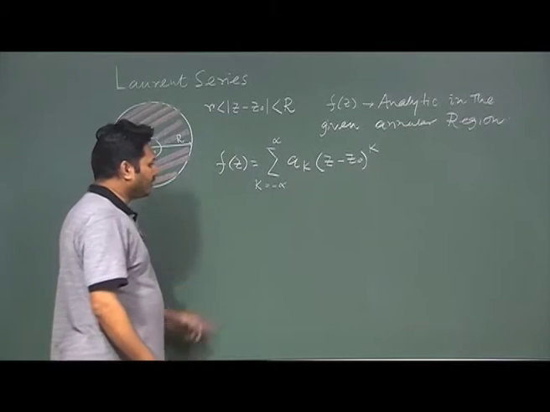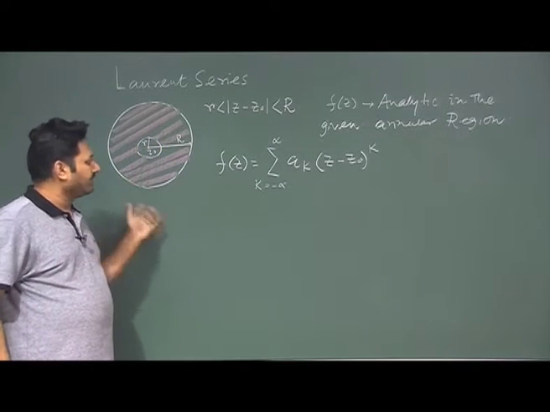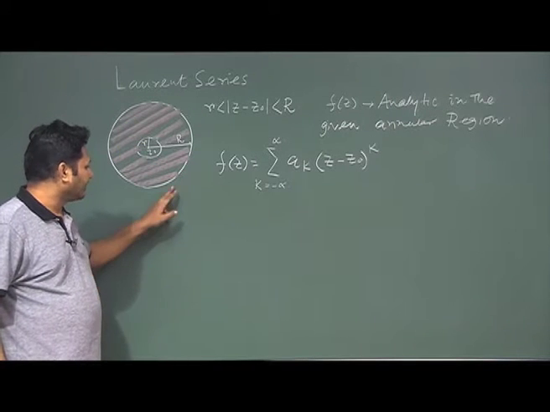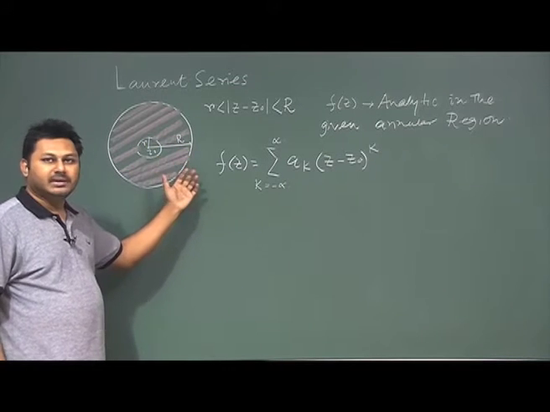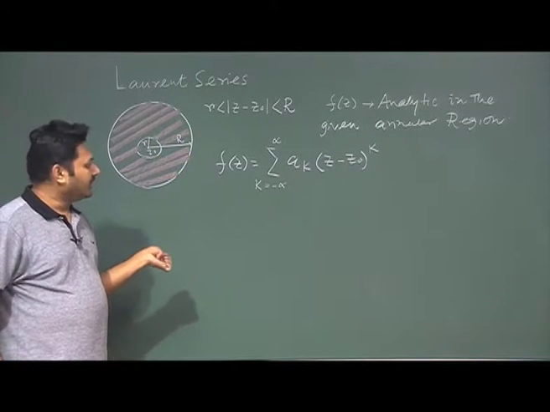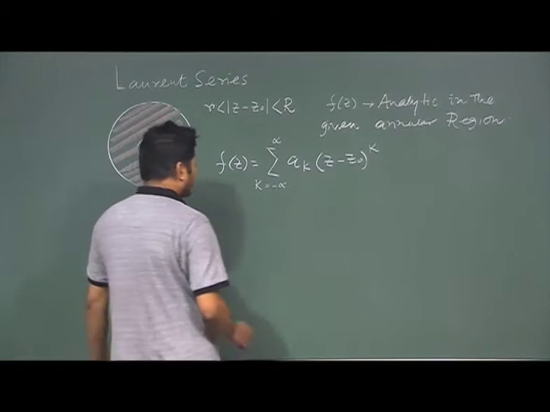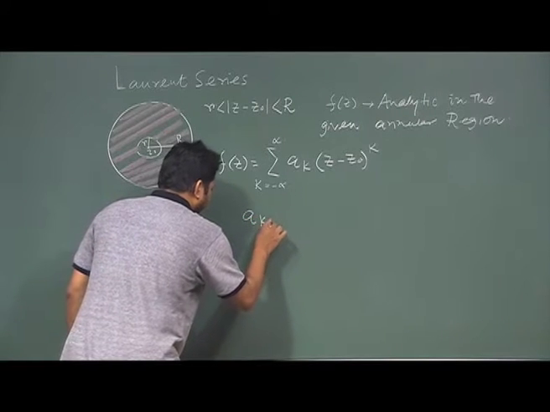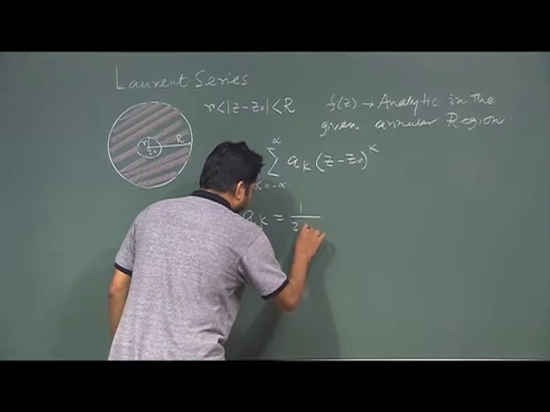That is the new part I am adding here. However, I am not going to prove whatever the Laurent series thing is, because it is not in the syllabus. I will just state the statement and then do some problems related to Laurent series, then things will be clear to you. Here a_k is defined by this.